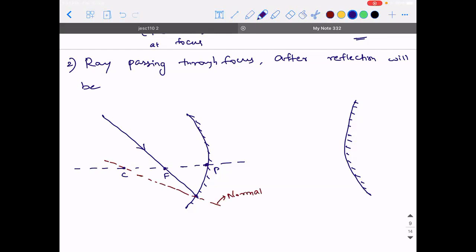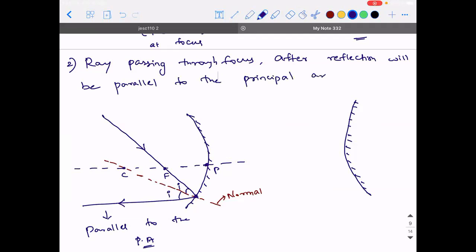Now, if this is the angle of incidence, you take this ray to be at any angle of incidence, you can always observe that the reflected ray will be parallel to the principal axis. Whatever the angle is, this is also going to be the angle of incidence.